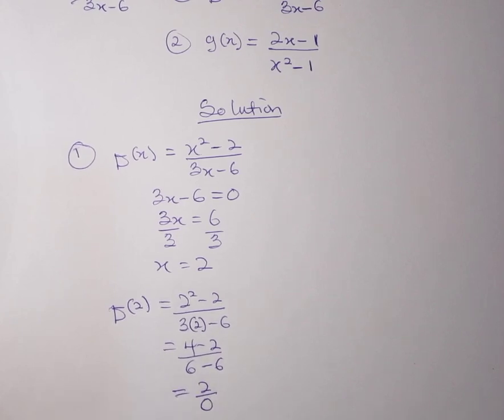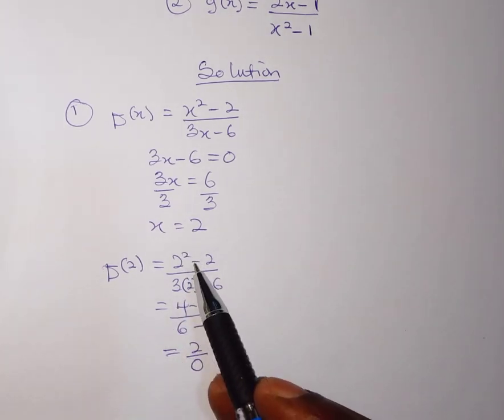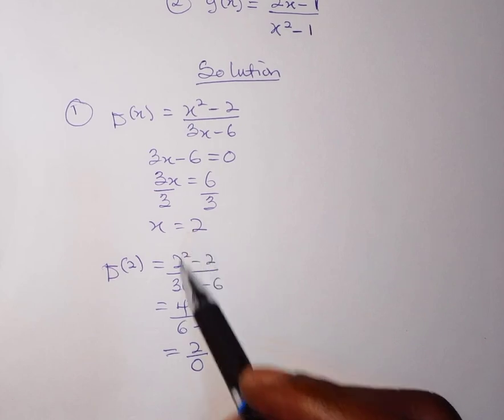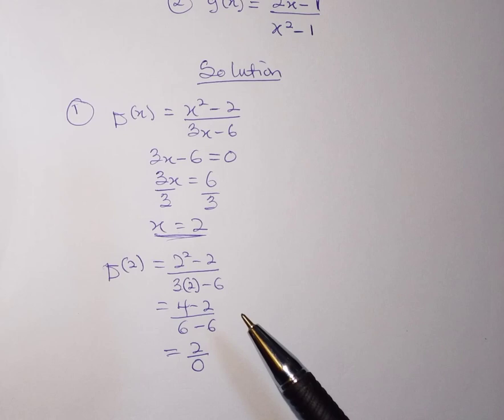And remember, anytime you are dividing a number by 0, the whole situation will be undefined. So that is why we are saying that the value that will make the function undefined is 2.